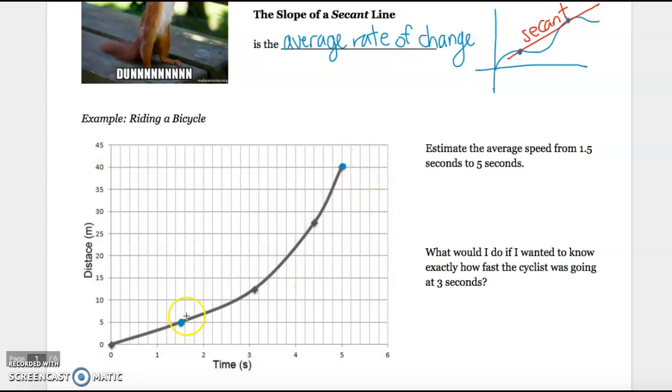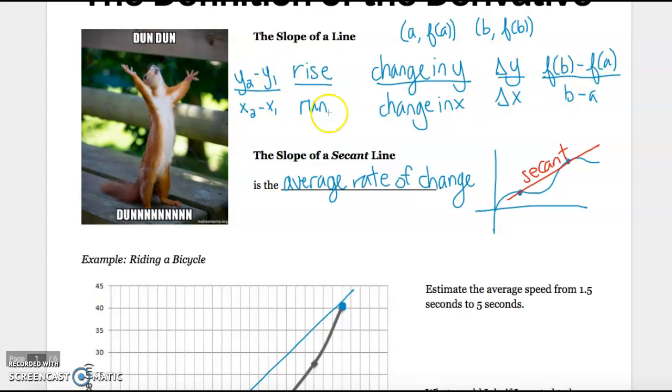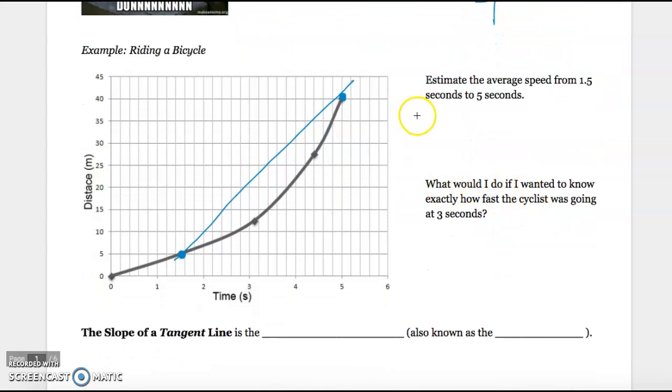And basically what we're doing is we're finding the slope of that secant line, right? So I'm doing rise over run. And to do that, we can use our f of b minus f of a, or y2 minus y1. So I'm finding f of 5 minus f of 1.5, all over 5 minus 1.5.